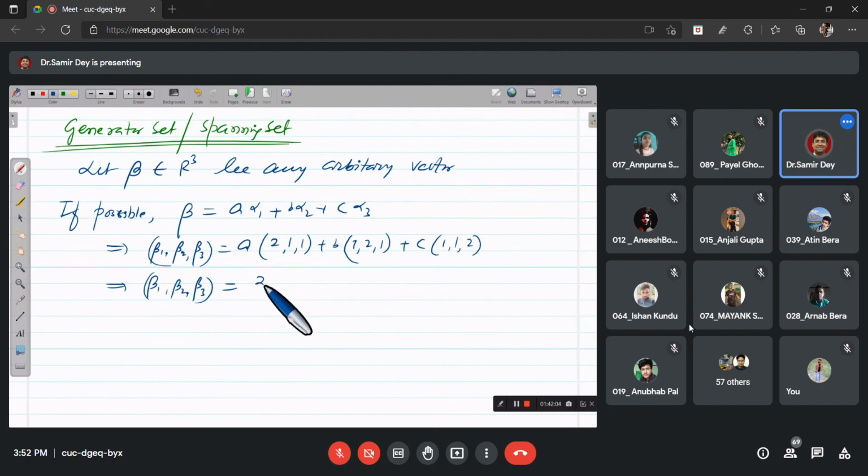Listen carefully. A times (2, 1, 1) plus B times (1, 2, 1) plus C times (1, 1, 2). Basically, what you have is (2A plus B plus C, A plus 2B plus C, A plus B plus 2C).